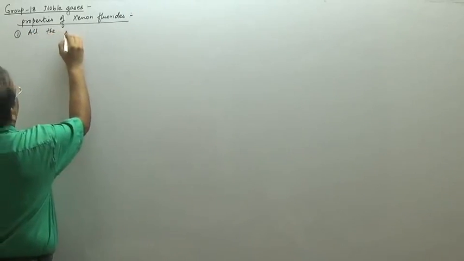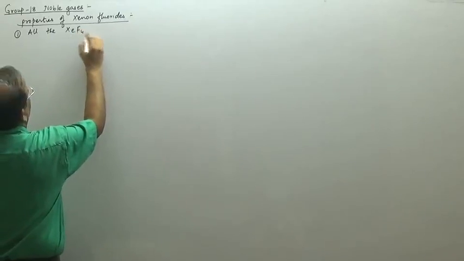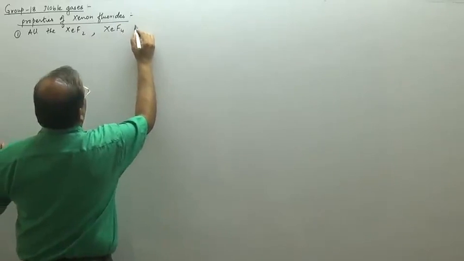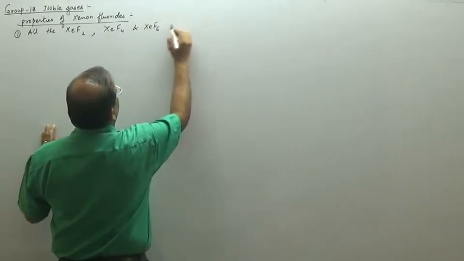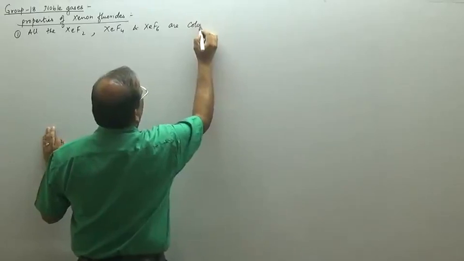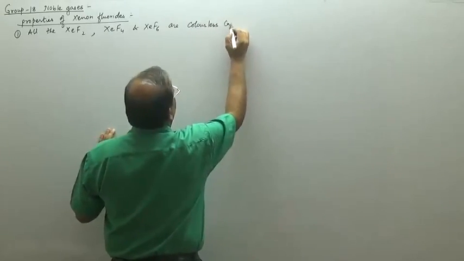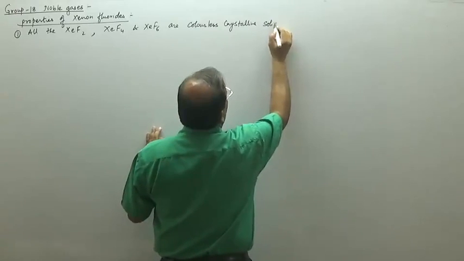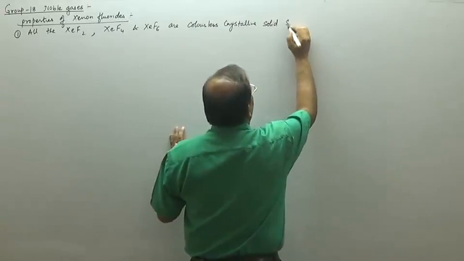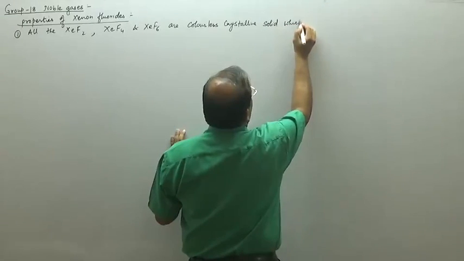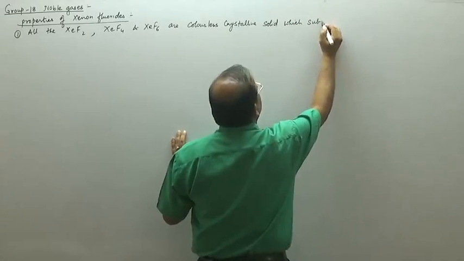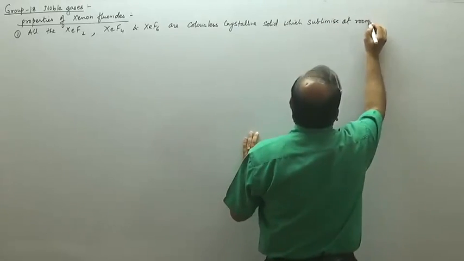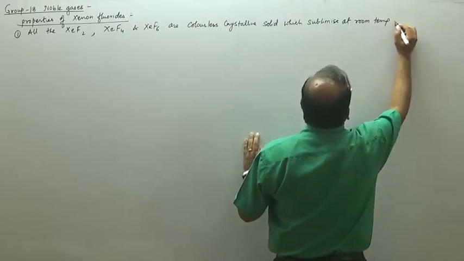All the xenon fluorides, XeF2, XeF4 and XeF6, are colorless crystalline solids which sublime at room temperature, that is, a room temperature of 298 Kelvin.